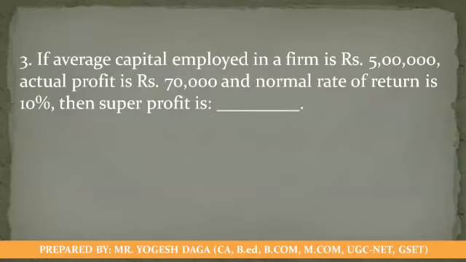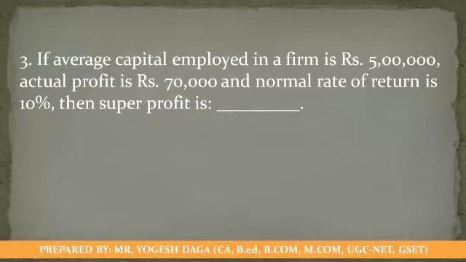If the average capital employed in a firm is rupees 5 lakh, the actual profit is rupees 70,000 and the normal rate of return is 10%, then what will the super profit be? There is a little bit of calculation here. Since capital employed and normal rate of return are given, on that basis you can find the normal profit, and we know that super profit is actual profit minus normal profit.